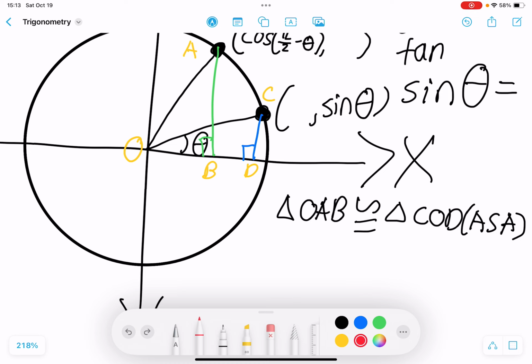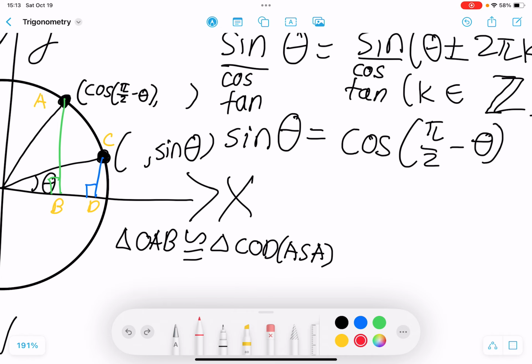We also know that OB equals CD. OB is the x coordinate for this point, or cosine of pi over 2 minus theta, and CD is the y coordinate for this point, or sine theta. Since these two are equal, sine theta is equal to cosine of pi over 2 minus theta.